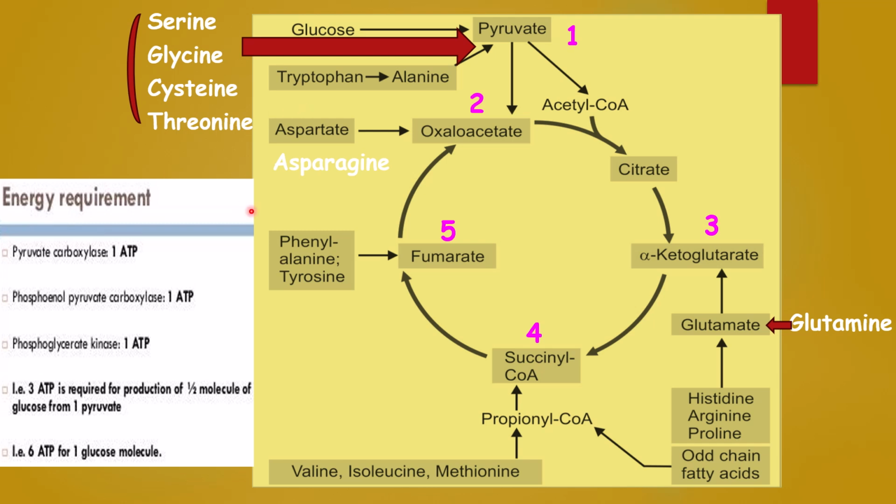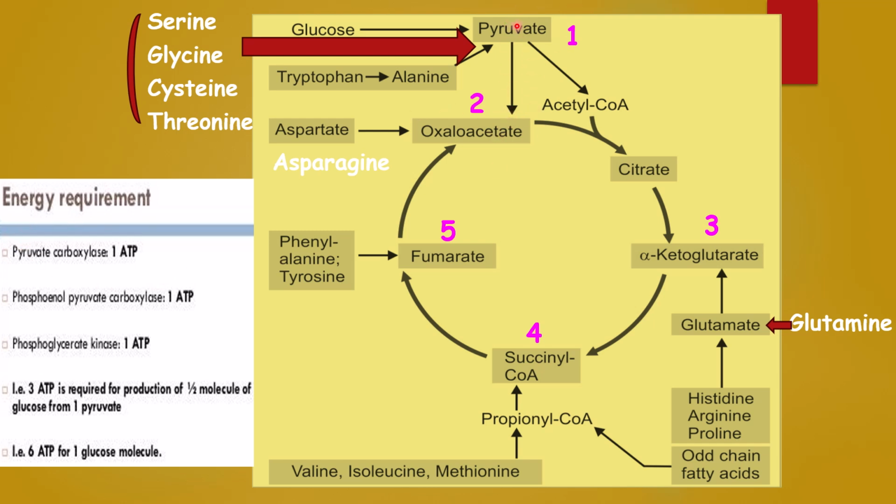Now, energy requirement. The conversion of 2 pyruvate to glucose requires 6 ATPs. Where is ATP consumed? The first step is pyruvate carboxylase, the conversion of pyruvate to oxaloacetate.